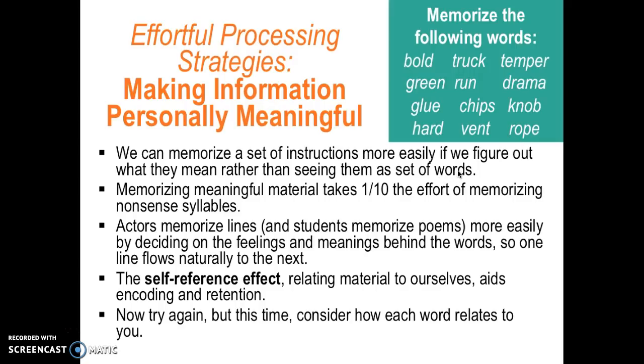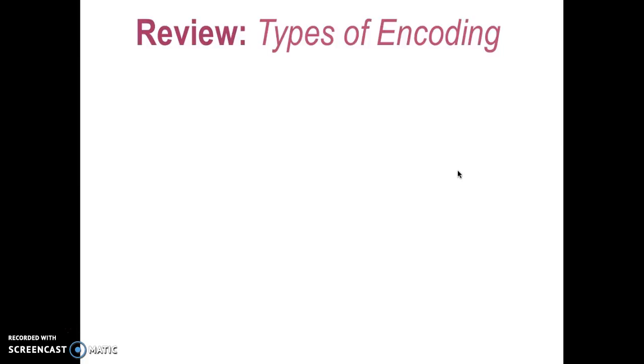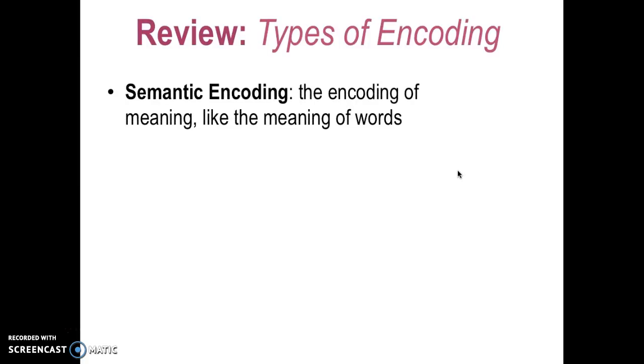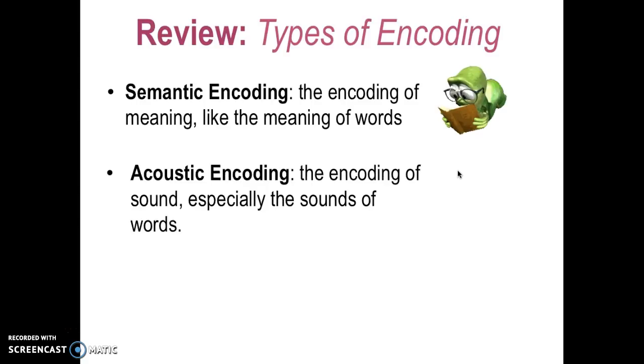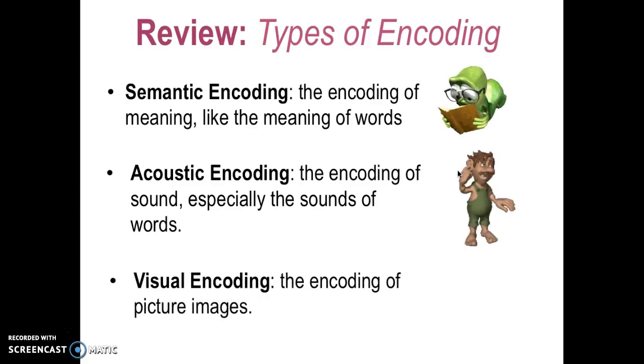Okay? All right. So let's review. There are 2 types of encoding. Actually, 3. We've got semantic encoding, the meaning of words. You have acoustic encoding. This is the encoding of sound. And you have visual encoding. This is where you're encoding picture images.